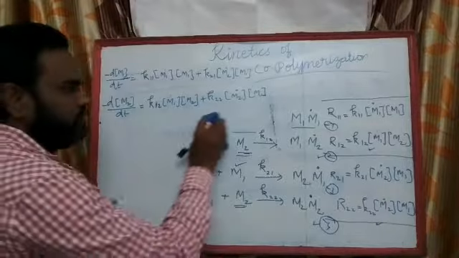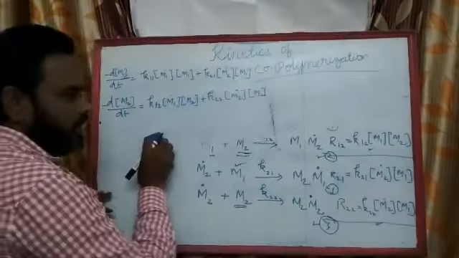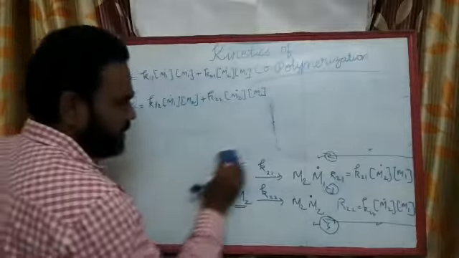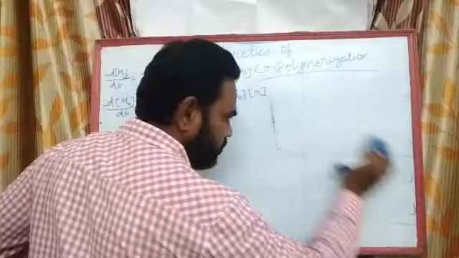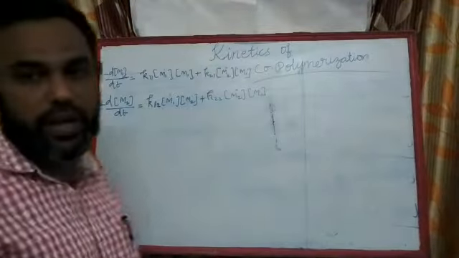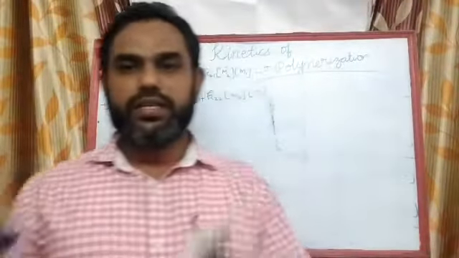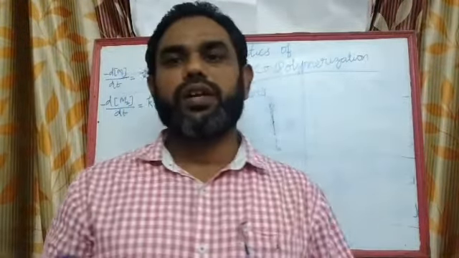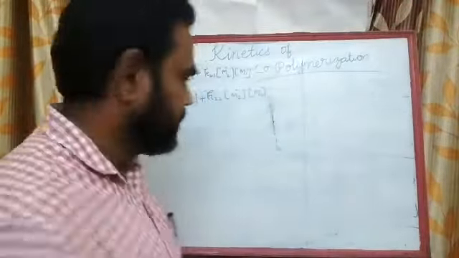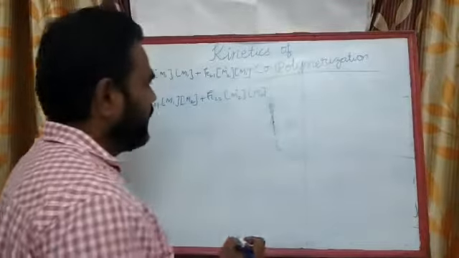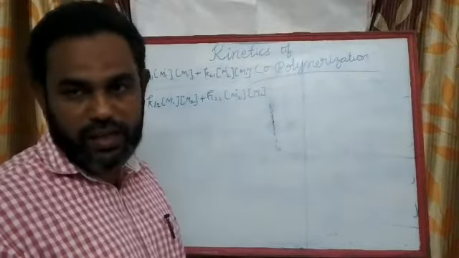Now I have another equation. The rate of conversion of the first monomer into the second is always equal to the rate of conversion of the second monomer into the first. I assume this just for getting the value of either M1 dot or M2 dot.